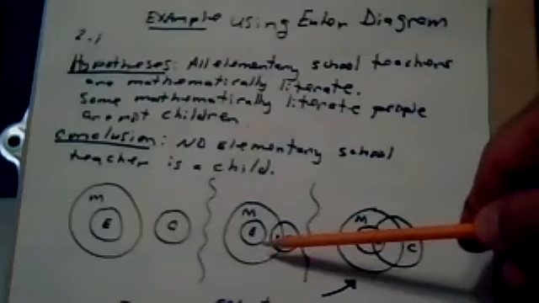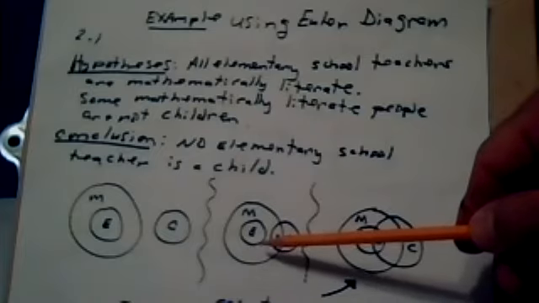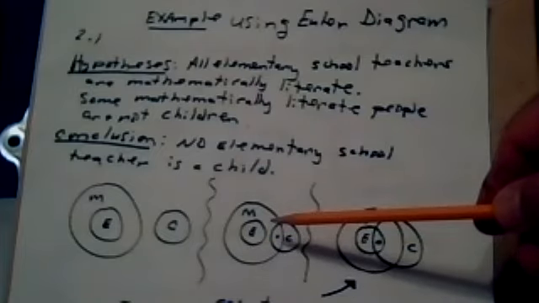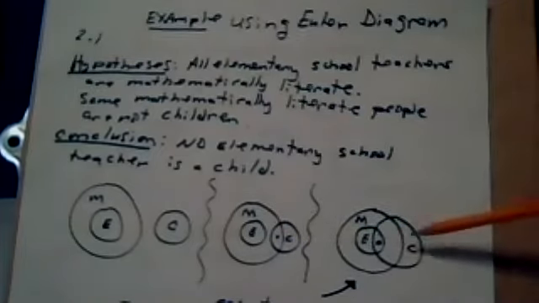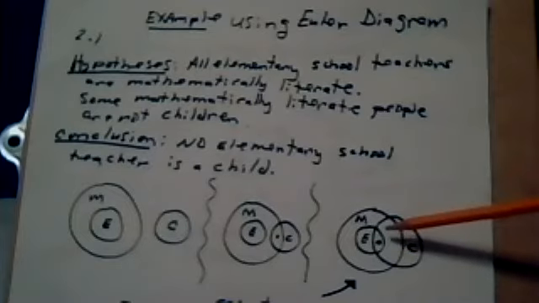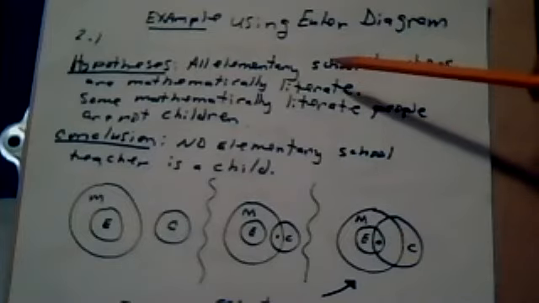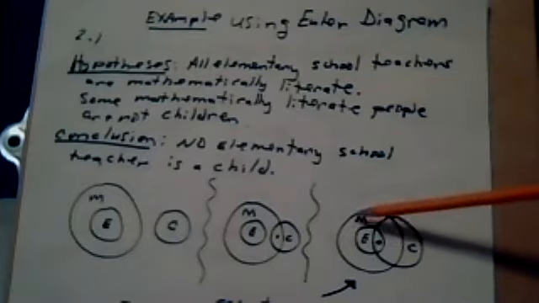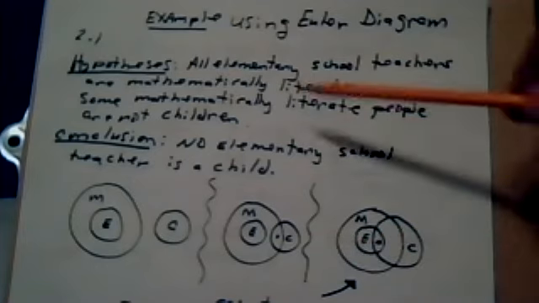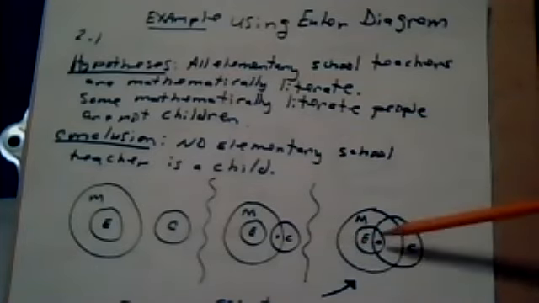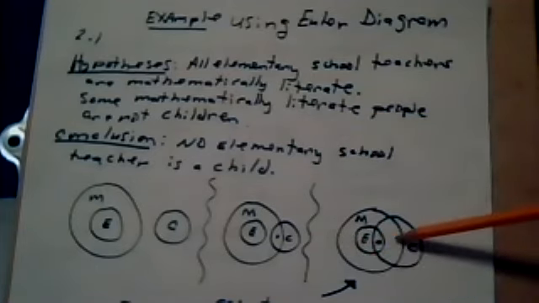So I still have the hypothesis being described. Notice how the circles describe the hypothesis.